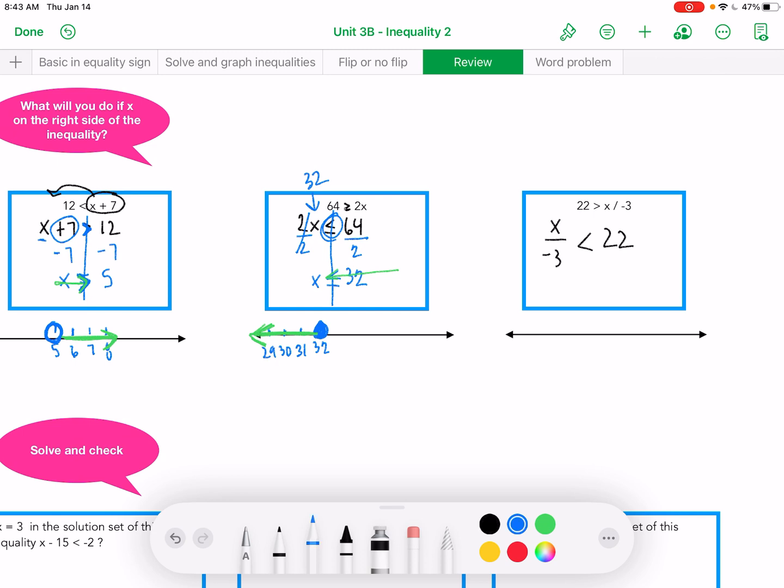I'm going to draw my line. We are dividing here, x over -3. Remember, this line right here tells us to divide. The opposite of divide is multiply. The value on the left side of the inequality that's with the variable is -3. So we're going to multiply both sides by -3.